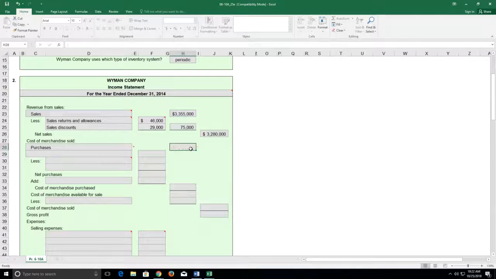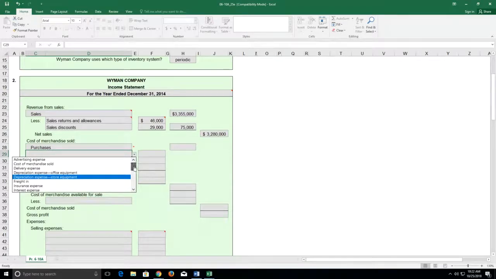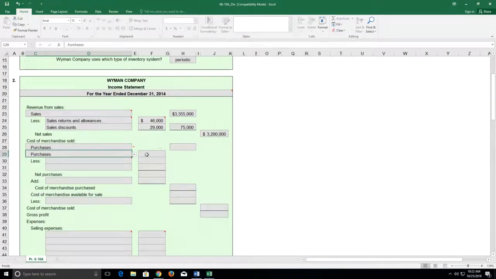No, they don't want us to do it like that. All right, let me think for a second. How do they want us to do it? They want this to go here. And that's 265,000. And this is going to be, we have a beginning cost of merchandise sold.